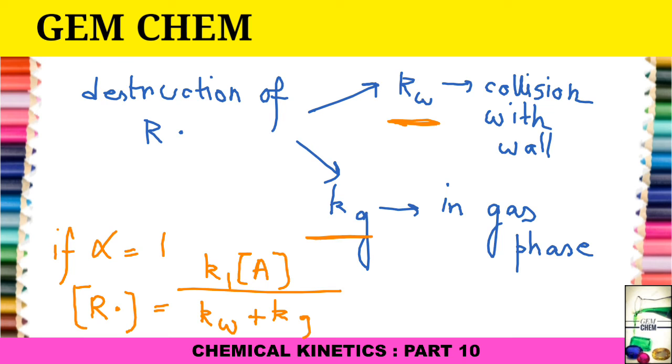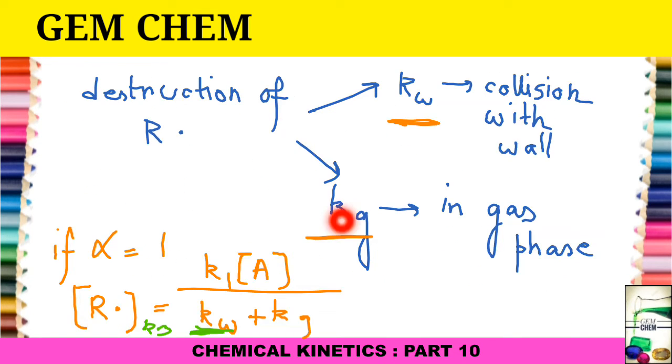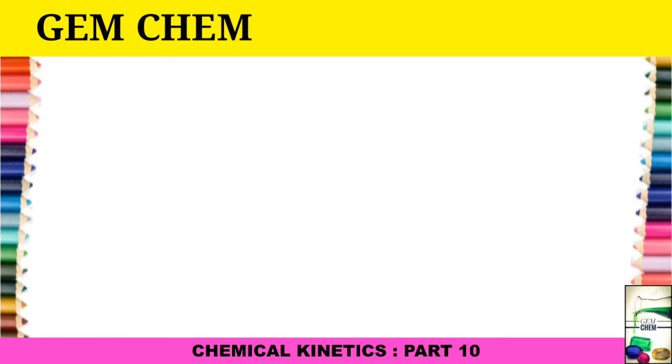This Kw can actually be K3, as we have seen in the previous case. What we are observing is that when alpha becomes equal to 1, the term alpha minus 1 becomes 0 and we are left with K3. So K3 comes to be Kw plus Kg when there is destruction of R dot.